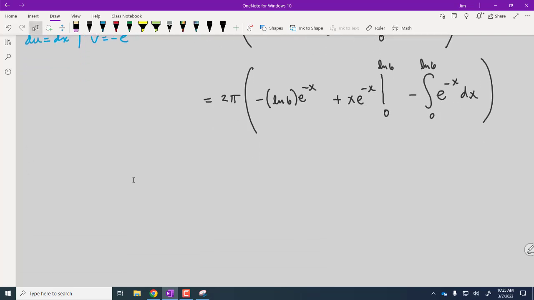All right, so then we can integrate that immediately. We know the antiderivative there. And we'll just do all of our evaluation all at once.